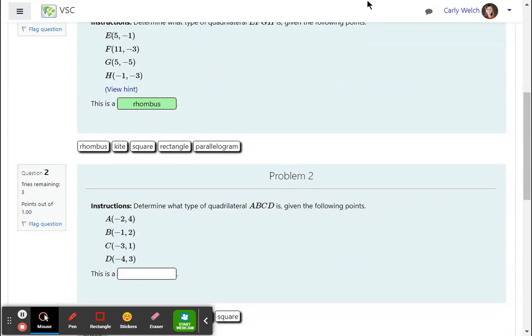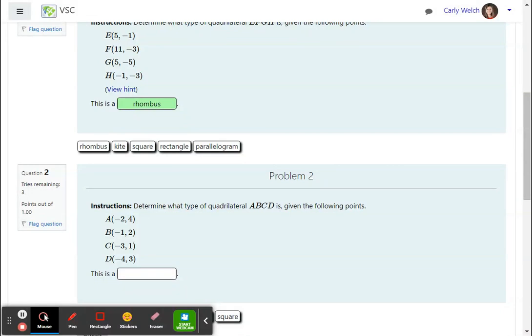All right, and then you can also use the Desmos graphing calculator. We'll type each of these points in. So we have negative 2, 4. We can label that A. And negative 1, 2.